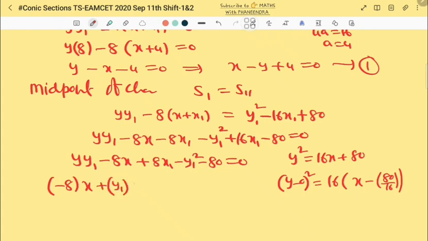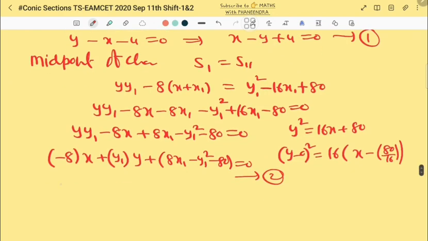Next, y1 into y. The remaining terms are all 8x1 minus y1 square minus 80. Equation 1 and 2 represent the same lines, so their x coefficients are equal: here 1, here minus 8, in equation 2 minus 8.